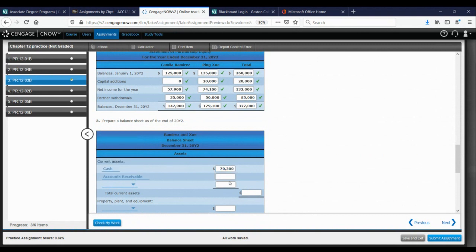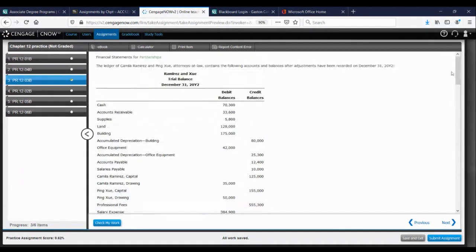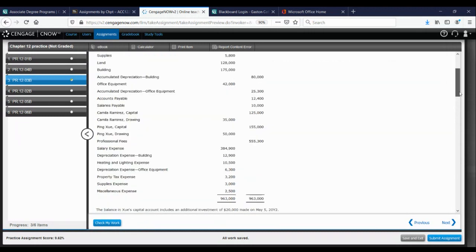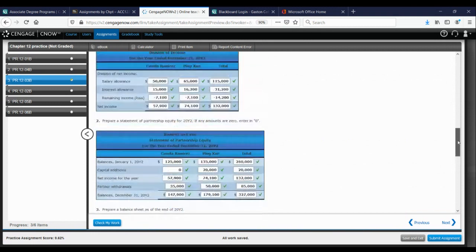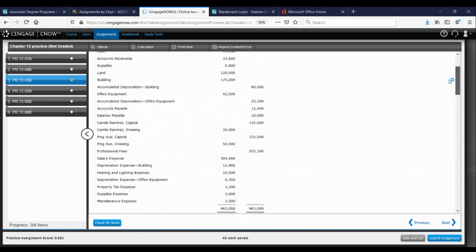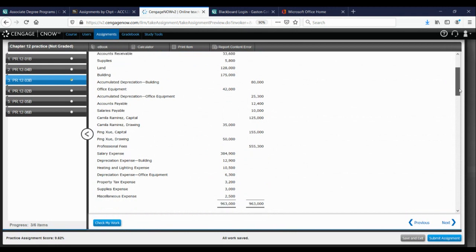Accounts receivable is the second asset that we're going to put down here for $33,600. And our supplies is a current asset of $5,800.